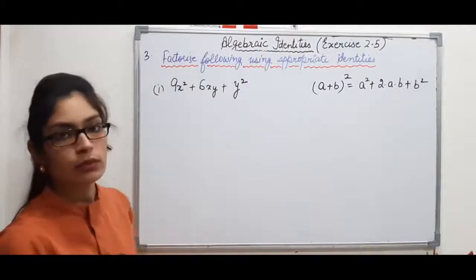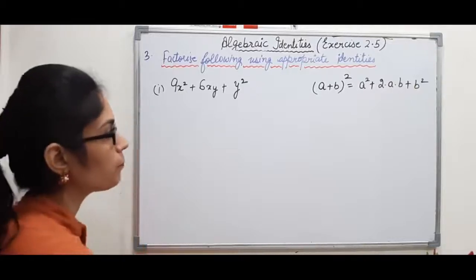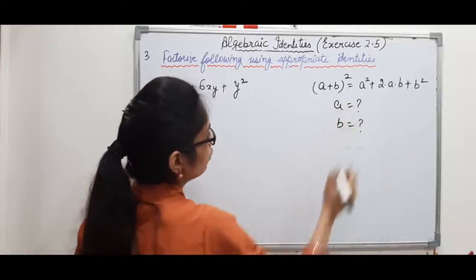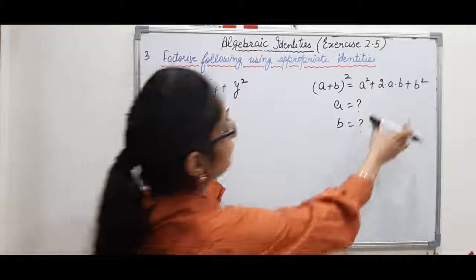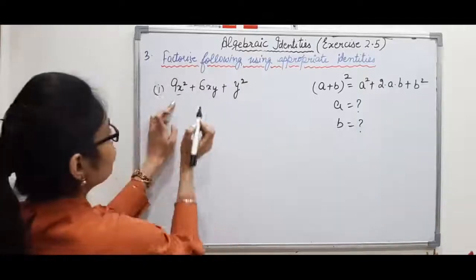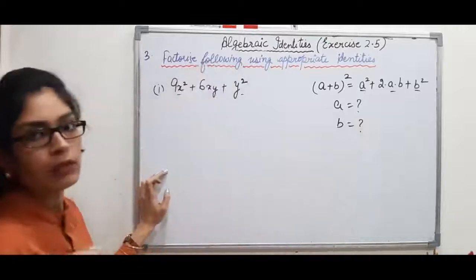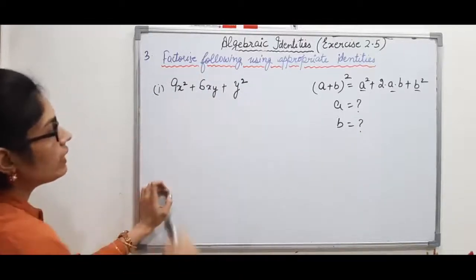Now you just have to see the values. You have to recognize the values of a and b. What is the value of a and what is the value of b? Because if you see, this is something similar to this. First term with square, last term with square, and the middle term in which both first and second term variables are there.